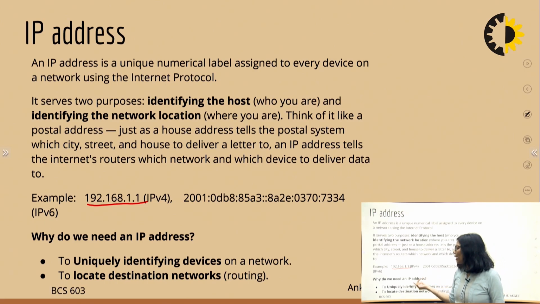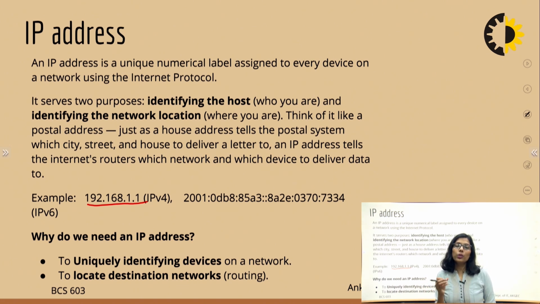Now, why do we need an IP address? First, it is used to uniquely identify devices. If I have to send a packet to a device, I have to name that packet uniquely, and that name is your logical address. As students, we have each been assigned a roll number. Each roll number is unique to that person and is not given to anybody else.